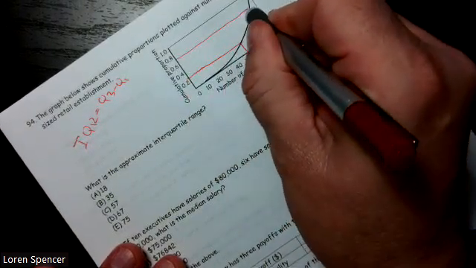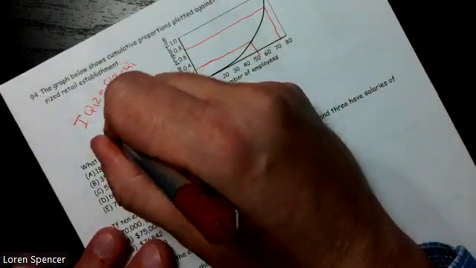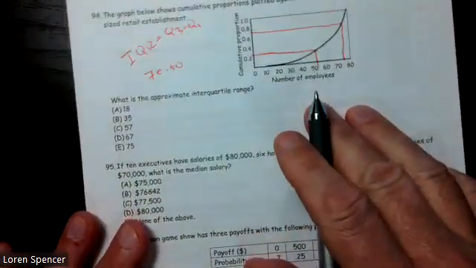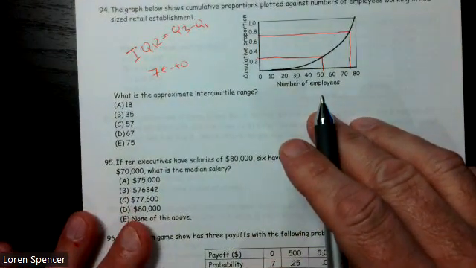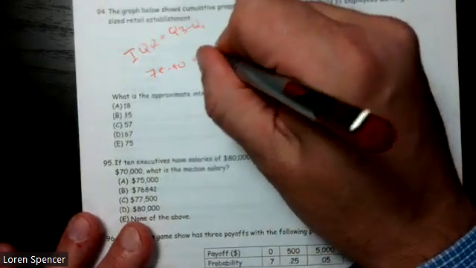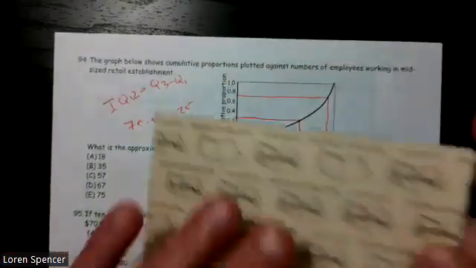And maybe 75. 75 minus 50 equals 25. Well, that didn't help me out. Let me check to see if I can make that a little more accurate.